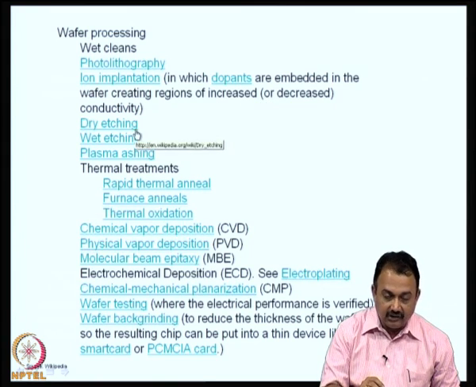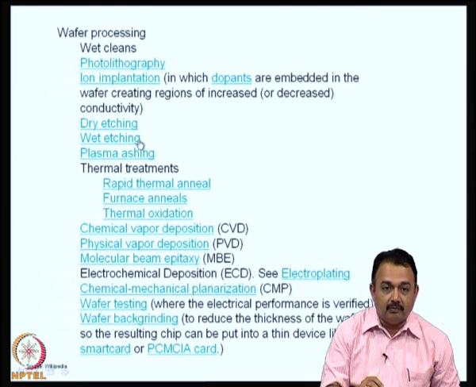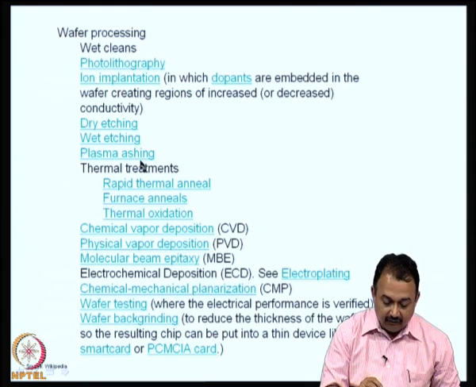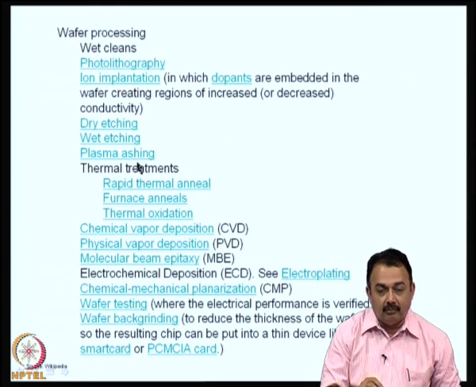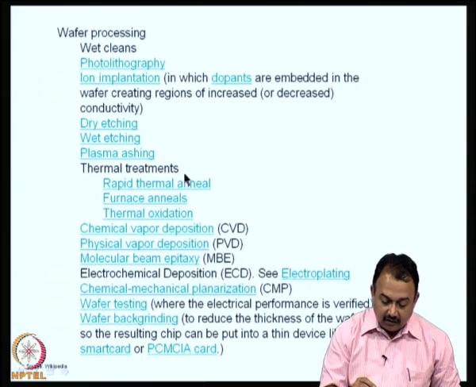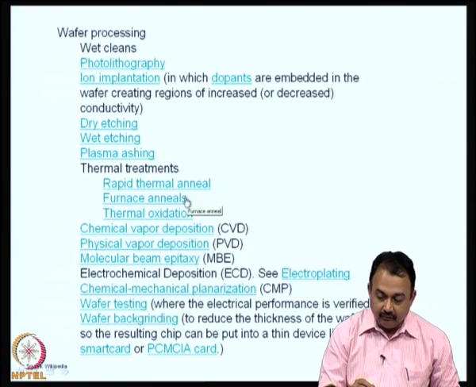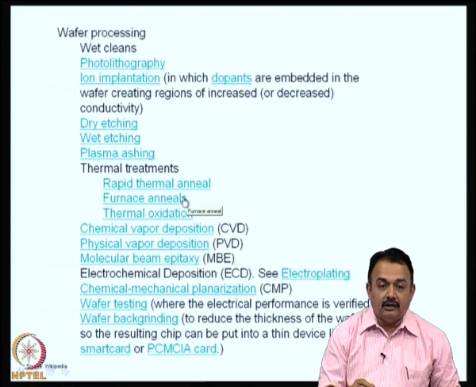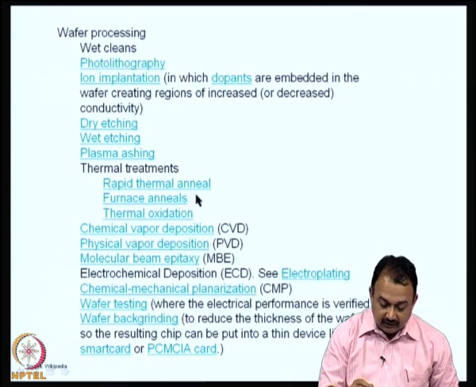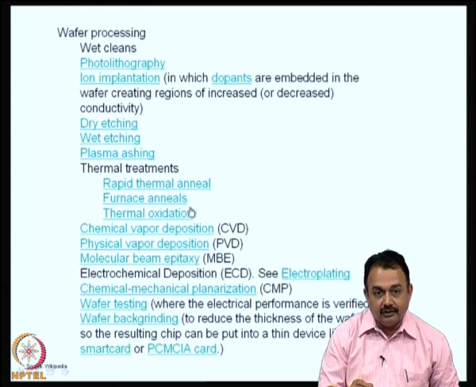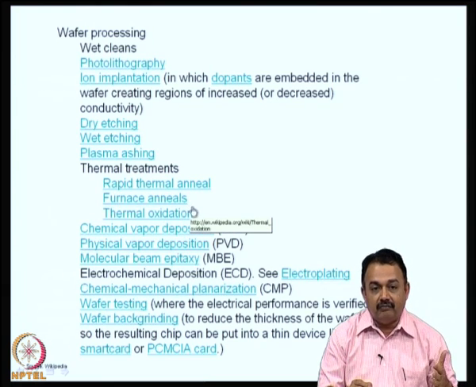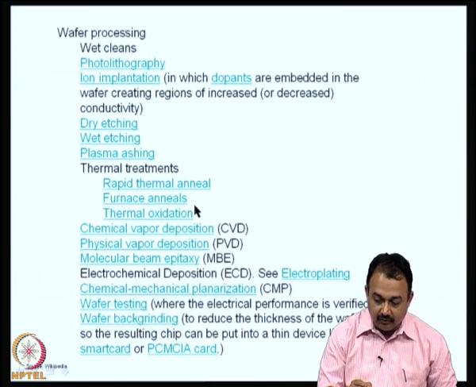Then you have dry etching or wet etching, depending upon what material you are using. You can also have plasma etching or plasma ashing. Then there are thermal treatments like annealing. As you know, annealing is a thermal process that is used to change the properties of the material. You can have rapid annealing or furnace annealing and then thermal oxidation. So, all of these can be at different temperatures depending on the materials that you are using.